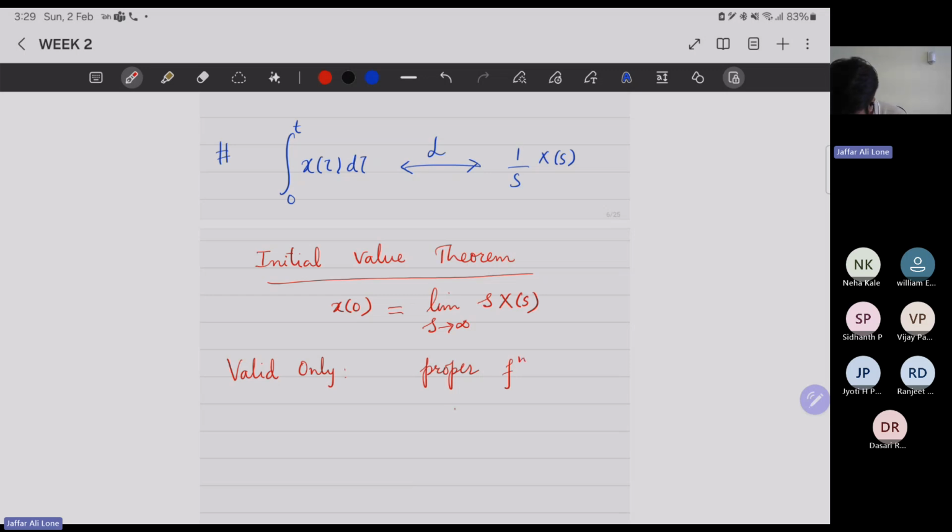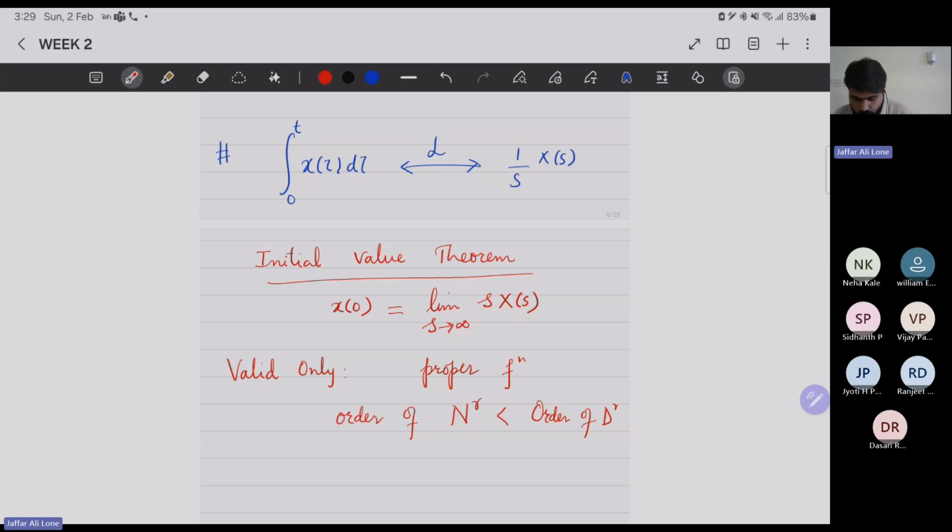Proper functions are those functions whose order of numerator is less than the order of denominator. So the initial value theorem is only valid if we have proper functions, which have the order of numerator less than the order of denominator.